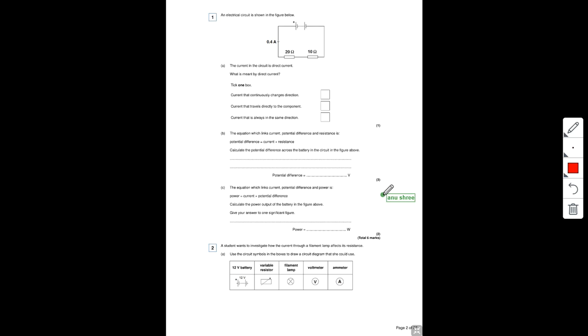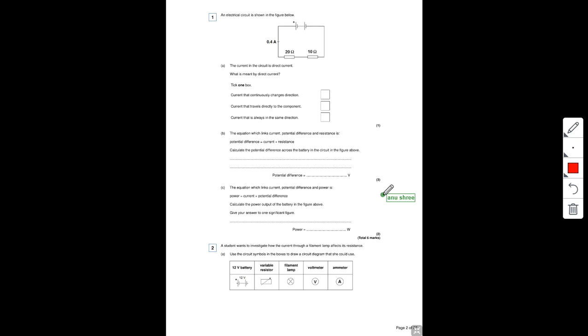It travels directly to the component. The second point is that the potential difference is the sum of the total potential difference, right? V equals V1 plus V2. Those were the two points.